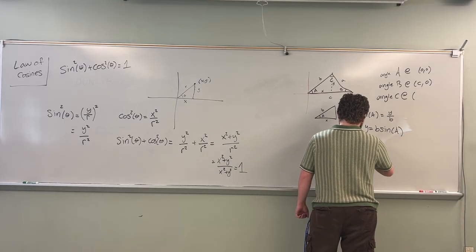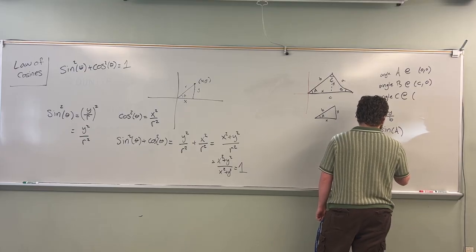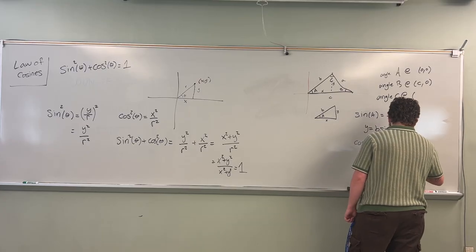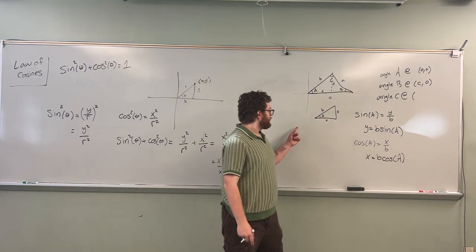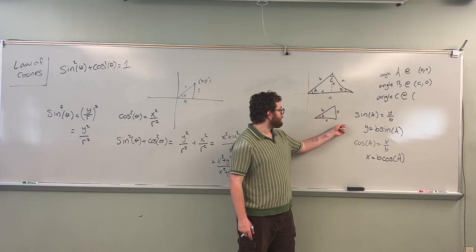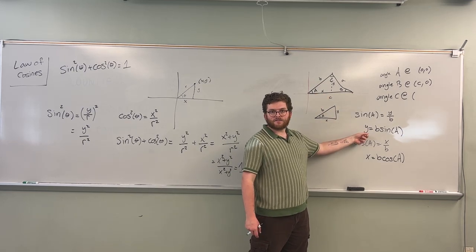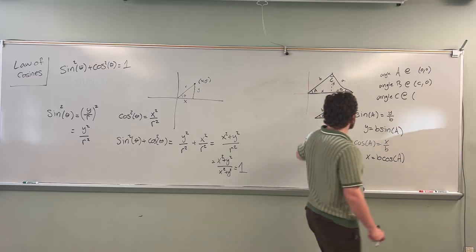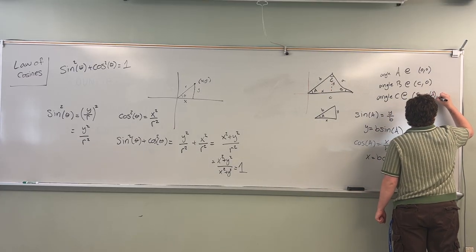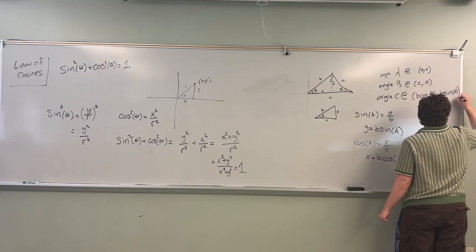So cosine of A equals x over B, or x equals B cosine of A. So my x amount is B cosine A. I go over that much, just forming this little right triangle. My y amount then is B sine A. So the coordinate point for C is x is b cosine of a, and then the y value is b sine of a.